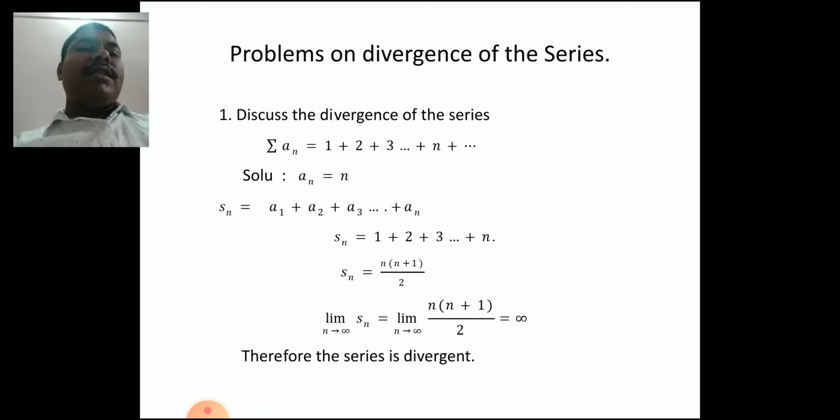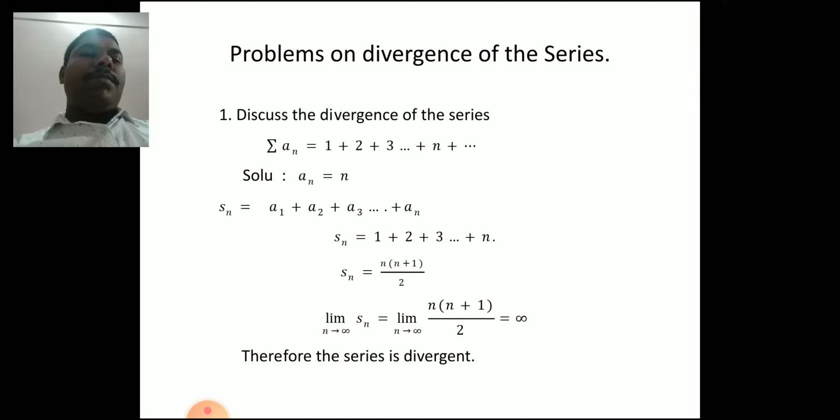Here the sequence Sn is equal to a1 plus a2 plus a3 up to an. So Sn is equal to 1 plus 2 plus 3 up to plus n. So the nth term of this series is n into n plus 1 by 2.